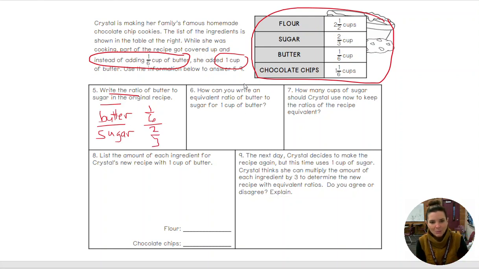So that would be the ratio. How can you write an equivalent ratio of butter to sugar for 1 cup of butter? So the unit rate for 5 is if we take the 1/6 and divide by 2/3, that's going to give us 1/4 cup of butter per 1 cup sugar.